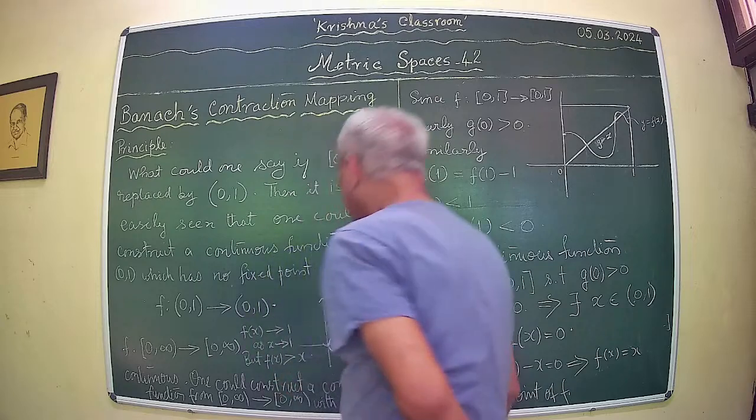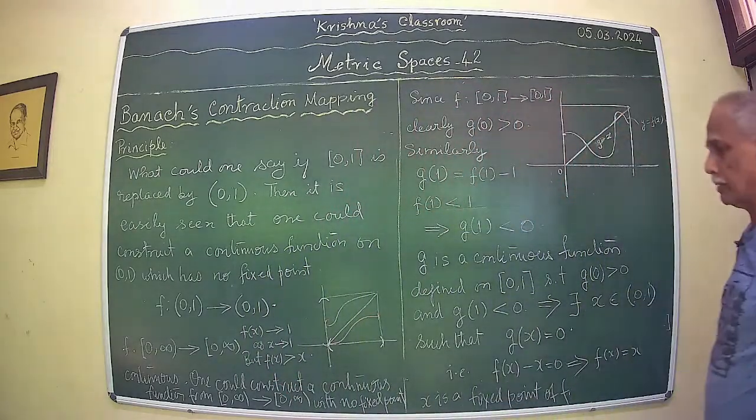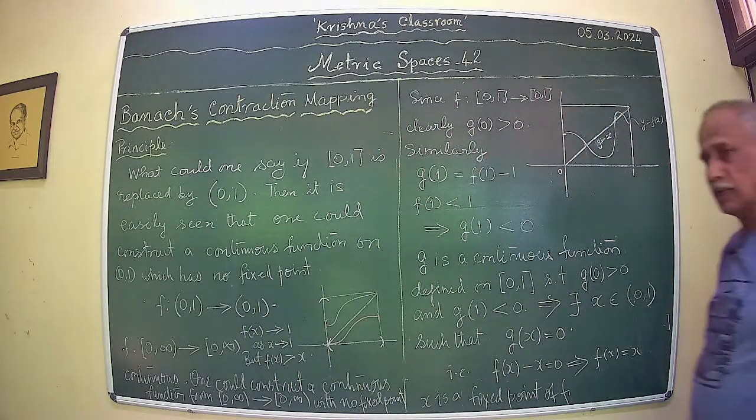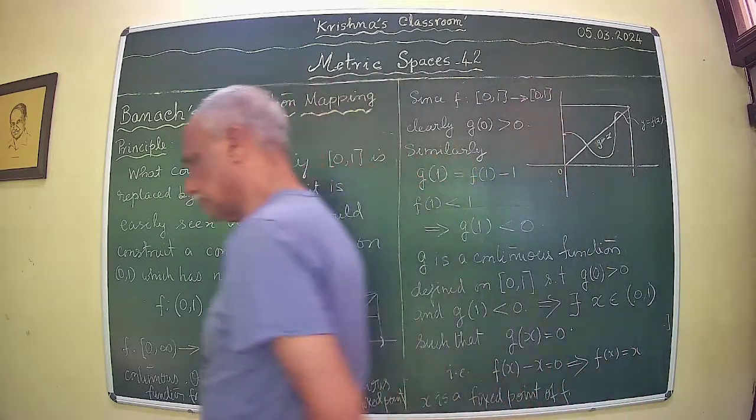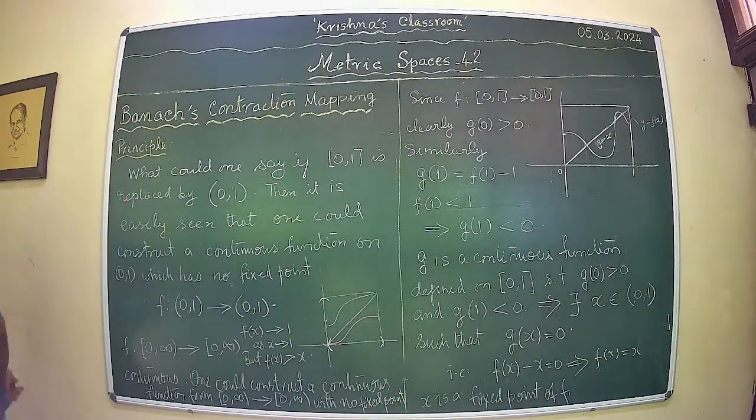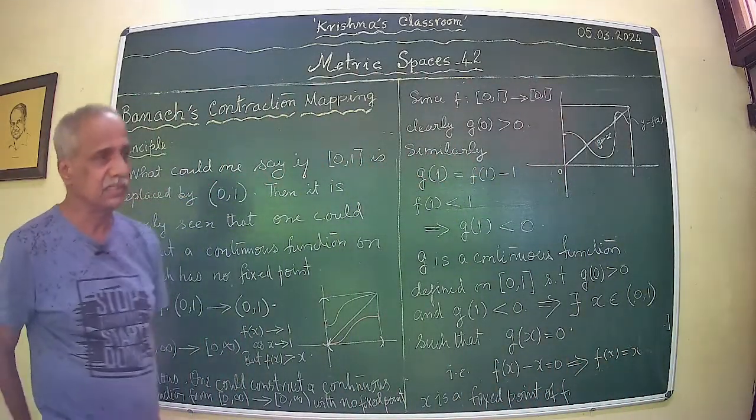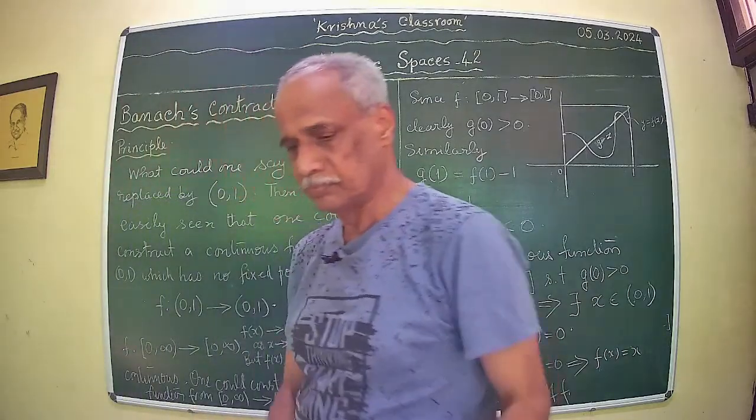So that gives some incisive information about the type of maps that you have, or the domain and the range will have to be the same.